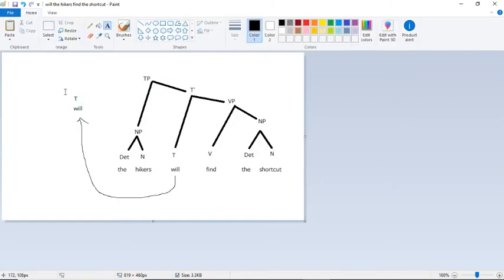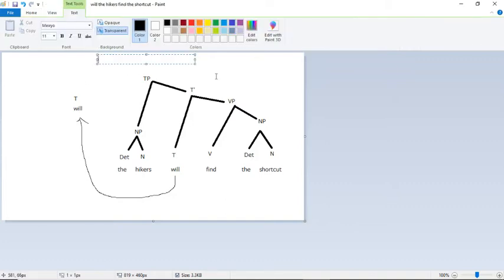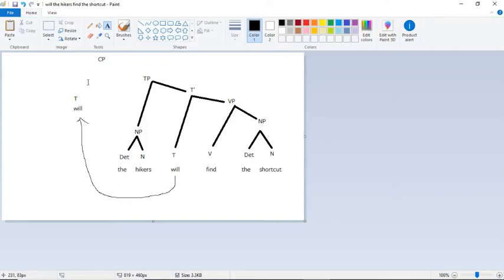All right. So in this case, I need a place for this to land. So what we're going to do is create a complement phrase. So in this complementizer phrase, what we're kind of saying is happening is that will is acting as the head of this complement phrase, and the entire sentence afterwards is going to be the complement of this question.